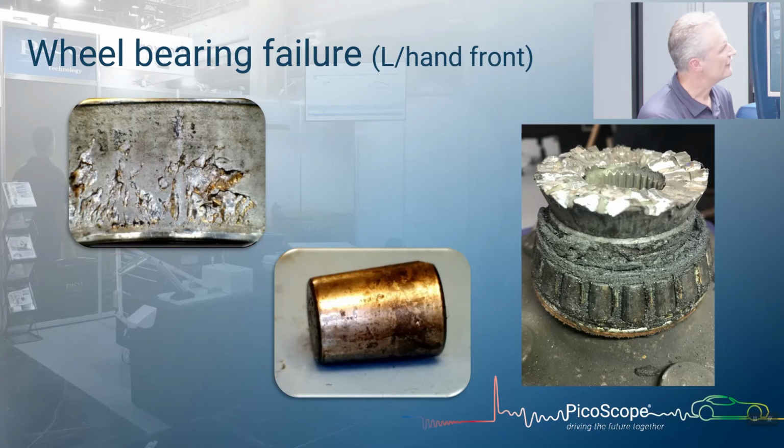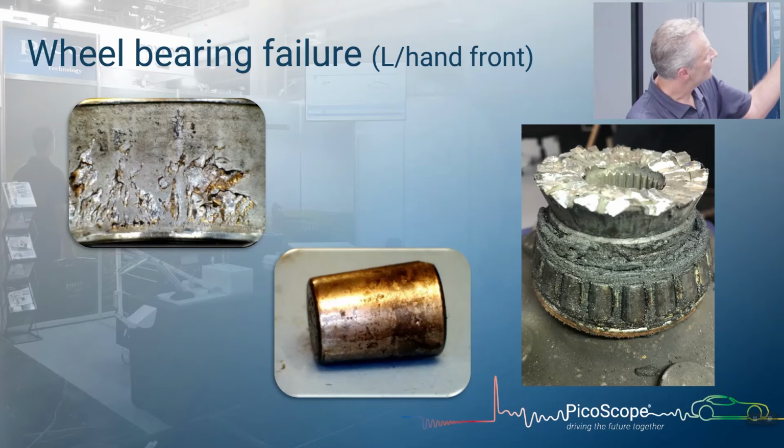So we can clearly see that there's something wrong there on the left-hand front bearing, because that's where those sensors were connected. And just look at these bearing races and the rollers and the contamination within that bearing. It's an exceptional example, but what I want you to understand is bearings generate multiple harmonics.